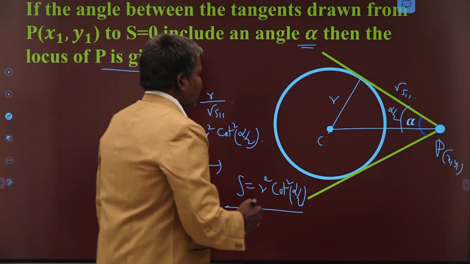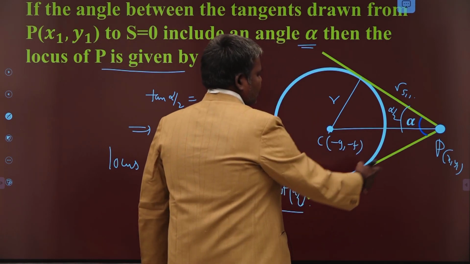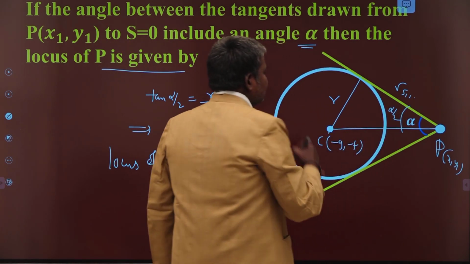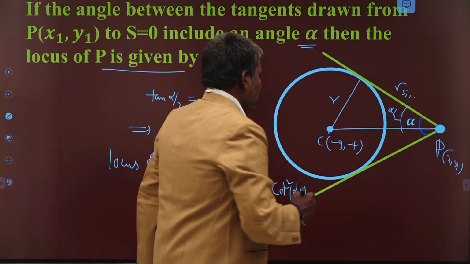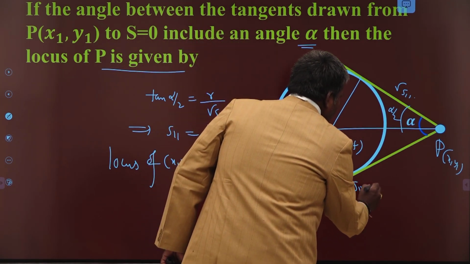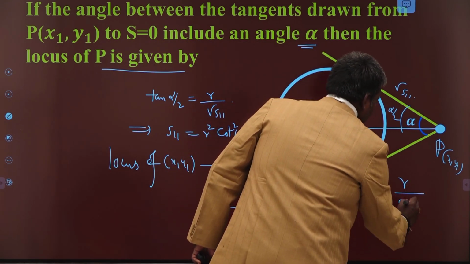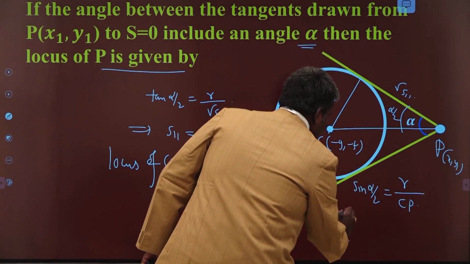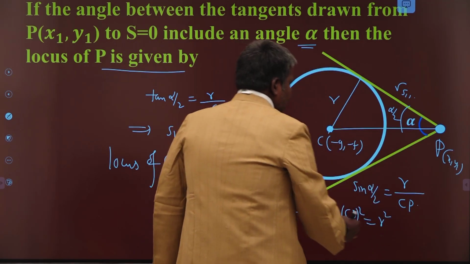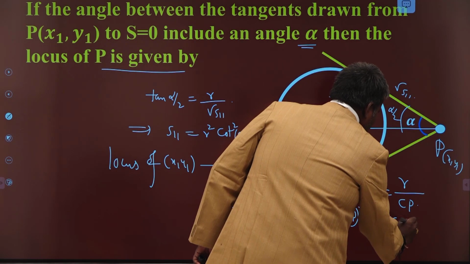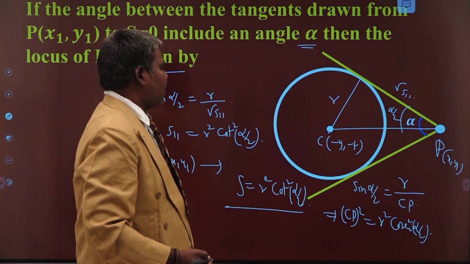We may do another method also. This is minus g comma minus f, the center. This is the point on the locus. This is alpha by 2. We can apply sin alpha by 2 also. Sin alpha by 2 is equal to radius r by CP. Or CP square is equal to r square times cosecant square alpha by 2.